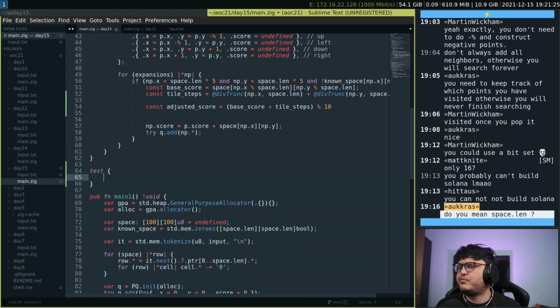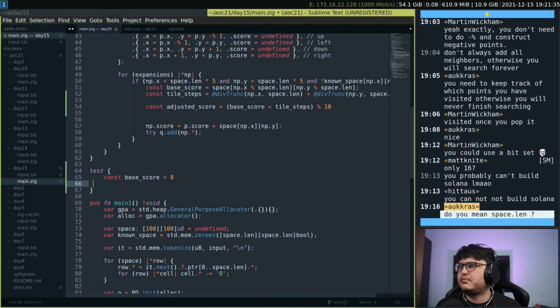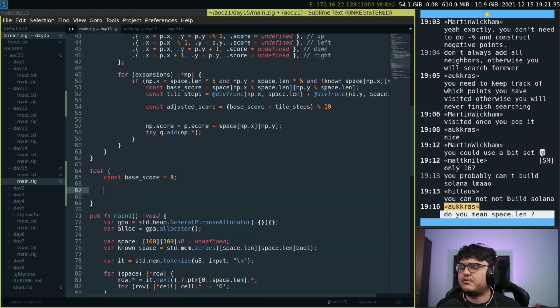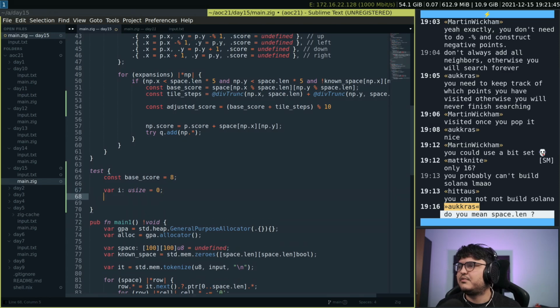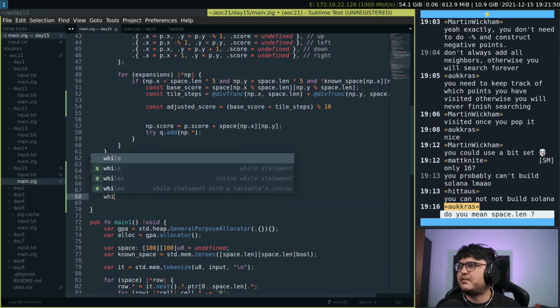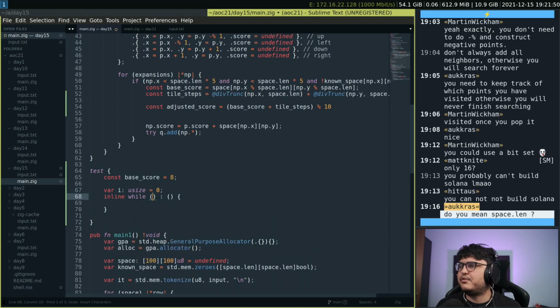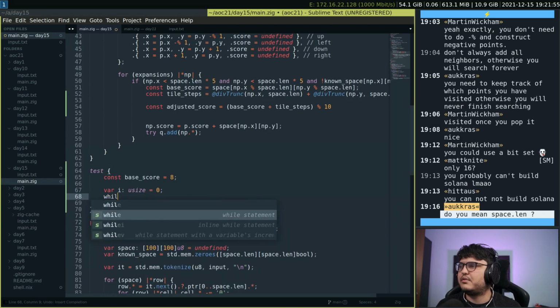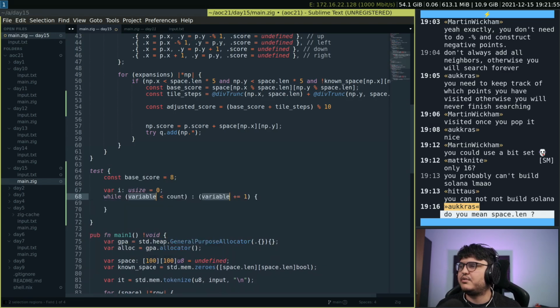So const base score equals 8. Var i usize equals 0, and then while, oh no, I don't want this. I wanted this.